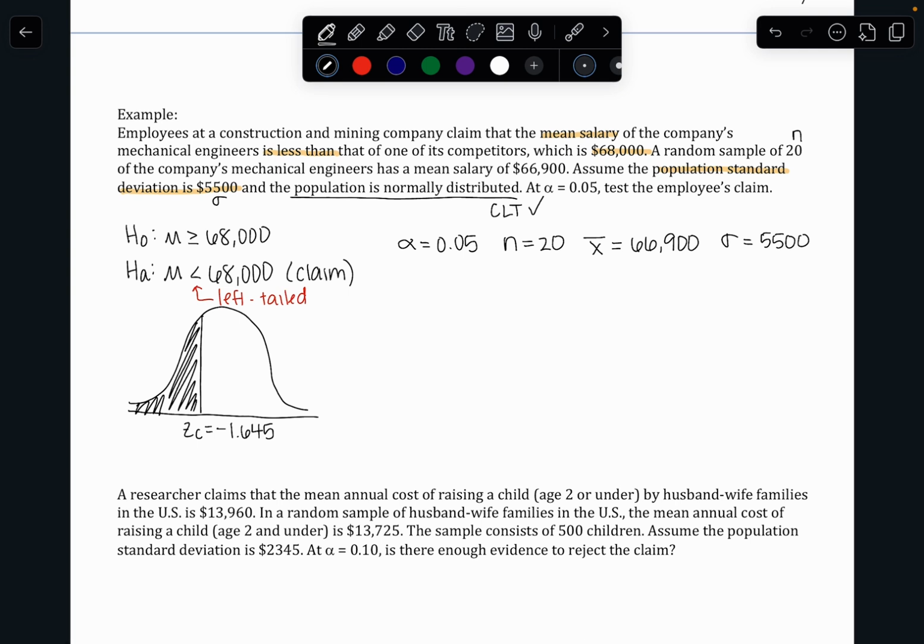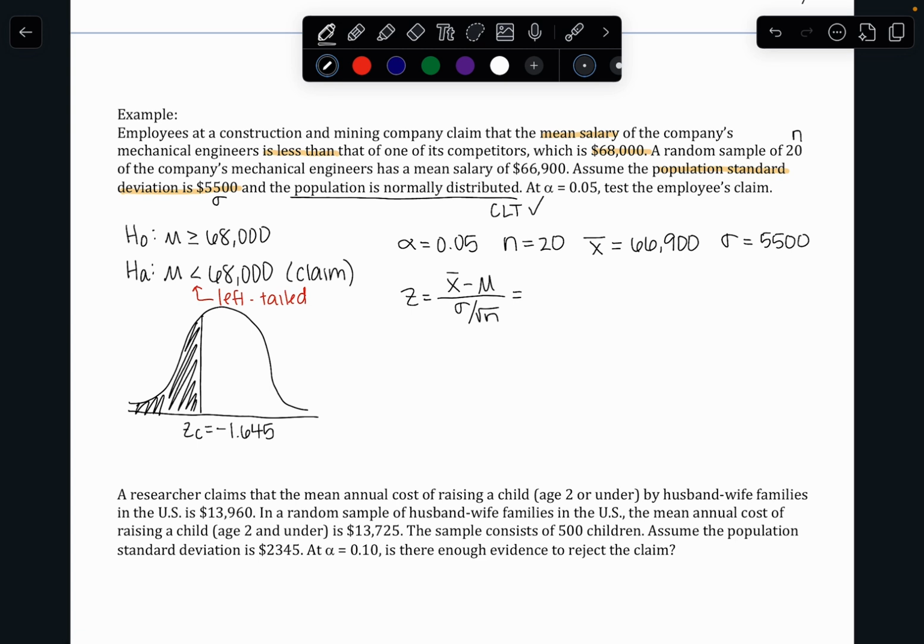All right, so once we have that part done, we can find our standardized test statistic. I'm going to rewrite that formula. z equals x bar minus mu, divided by sigma divided by the square root of n. Same formula we used when we looked at the beginning of the normal distribution.